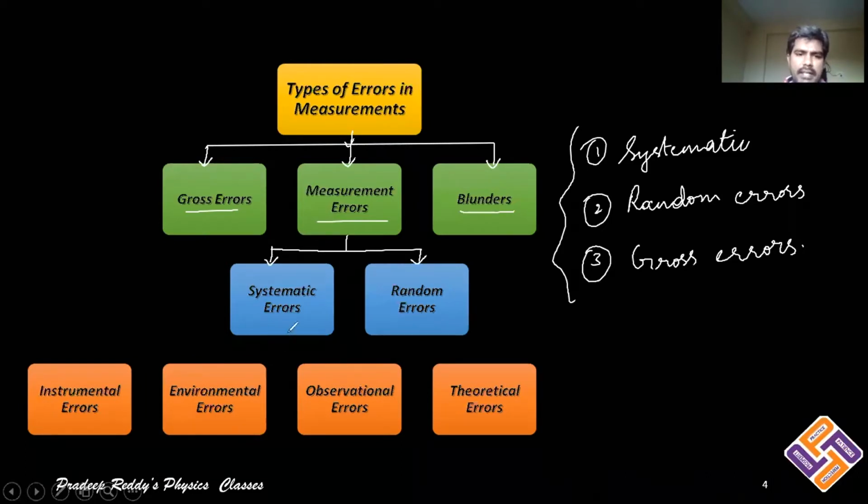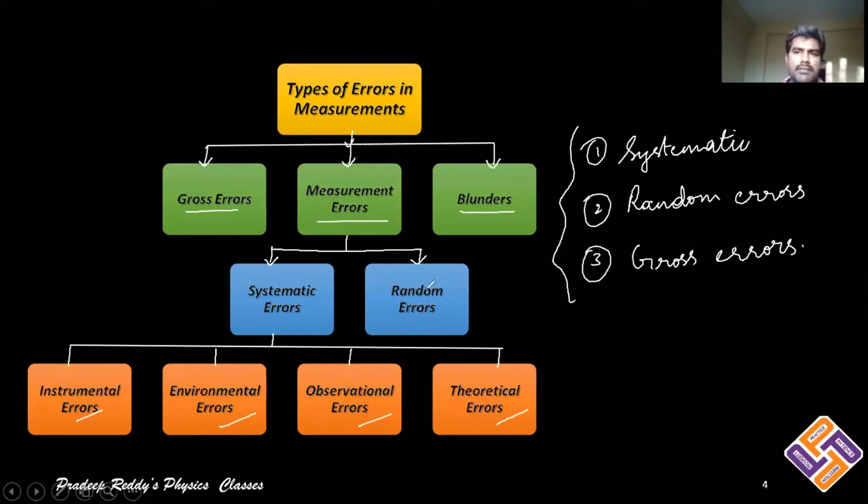Systematic errors can again be classified into different types: instrumental errors, environmental errors, observational errors, and theoretical errors. Random errors are only one type.